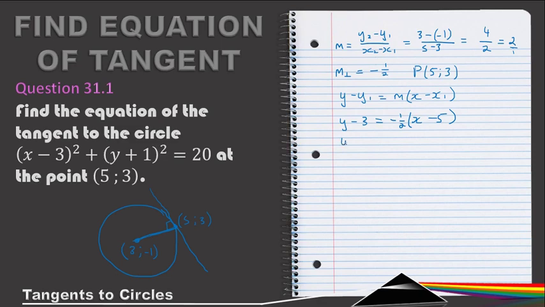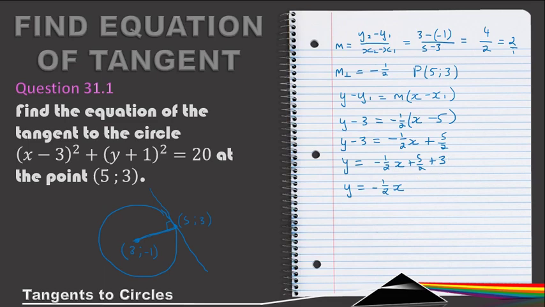So we have y minus 3 equals minus a half x, multiply the negative a half into the negative 5 as well, we get plus, so minus and minus becomes a plus, 5 over 2, and then I just bring the 3 over, so y is equal to minus a half x plus 5 over 2 plus 3.